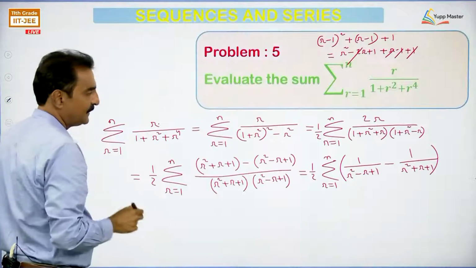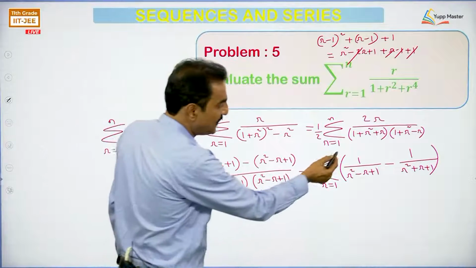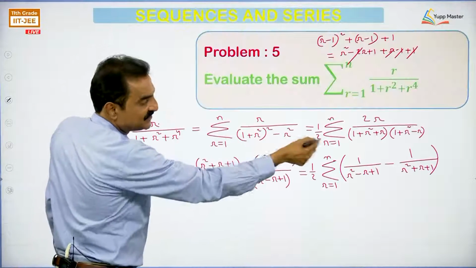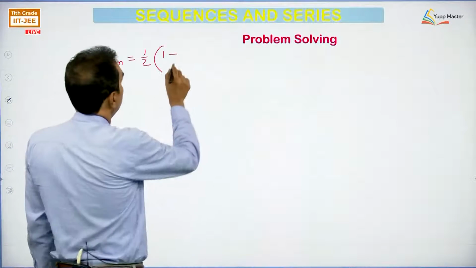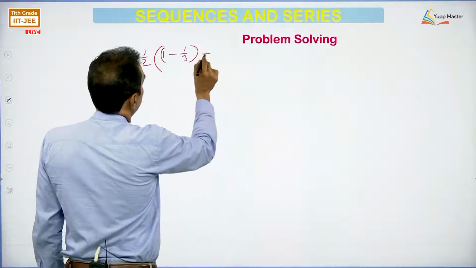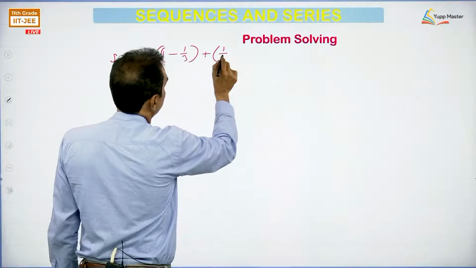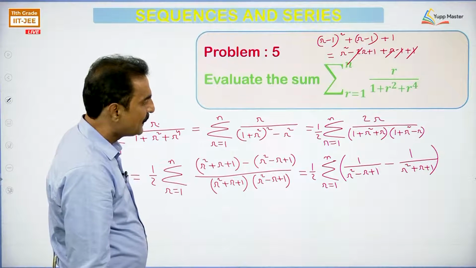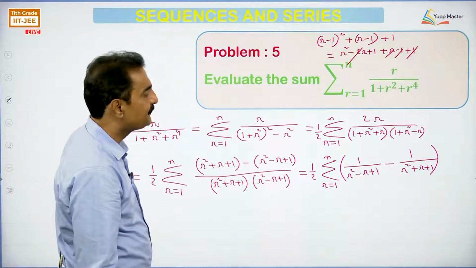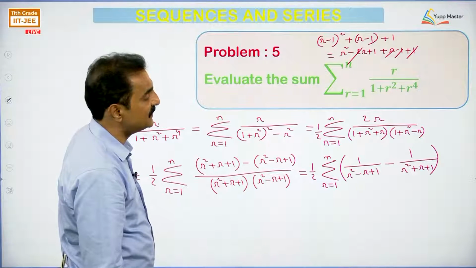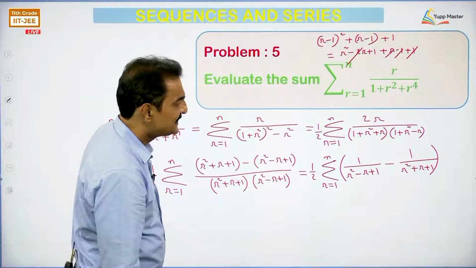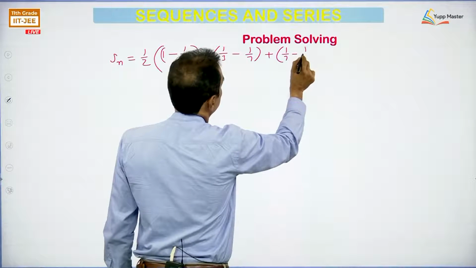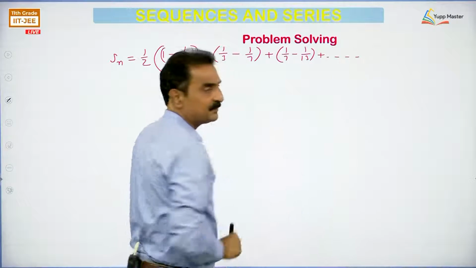Half is common, half into putting r is equal to 1, what will we get? 1 by 1 minus 1 plus 1, 1, minus putting r is equal to 1 in the second part, 1 by 3. 1 minus 1 by 3 plus putting r is equal to 2 in the first term, you will get 1 by 3, putting r is equal to 2, minus there you will get 1 by 7, minus 1 by 7 plus you will get 1 by 7 minus 1 by 13 and so on.